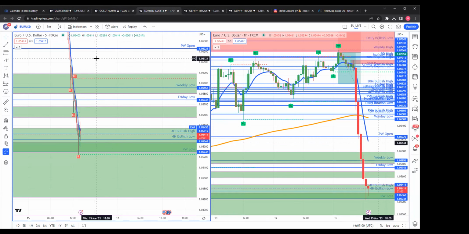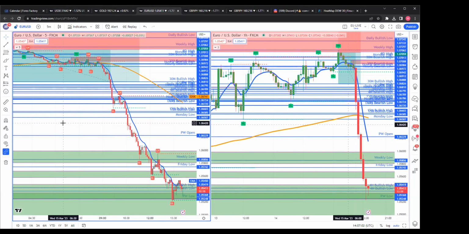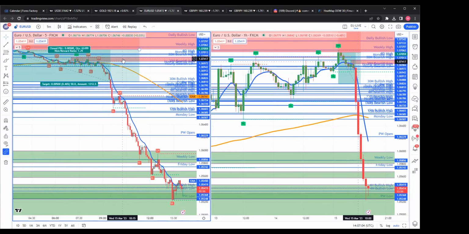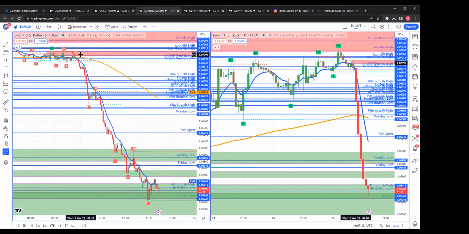EU, let me see. When did I draw this? This is that trade that hit take profit from yesterday. Now, if you see a strong trend like this, I want to go over something that some people have been DMing me about.